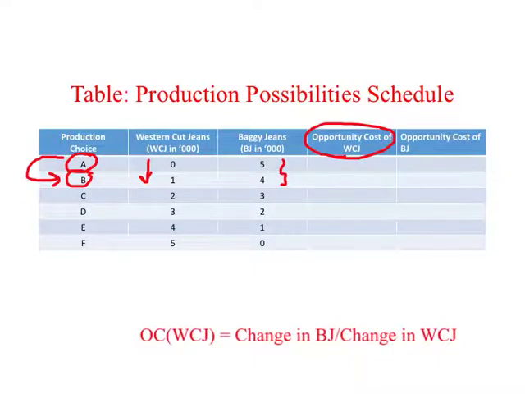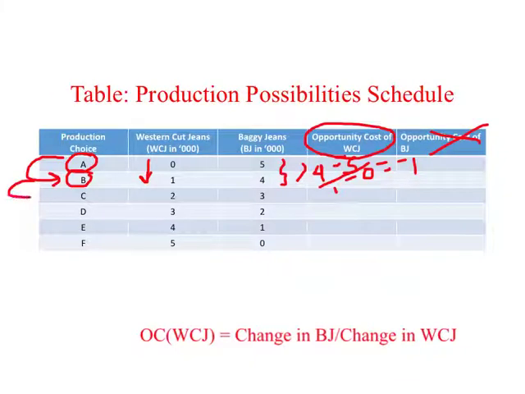This is just the difference between two consecutive numbers. So here we calculate 4 minus 5, which is the change in baggy jeans, and divide this by the change in Western cut jeans, and what you get here is negative 1. Let us ignore this column for a moment. So the opportunity cost of Western cut jeans when the firm moves from a point like A to a point like B is negative 1.